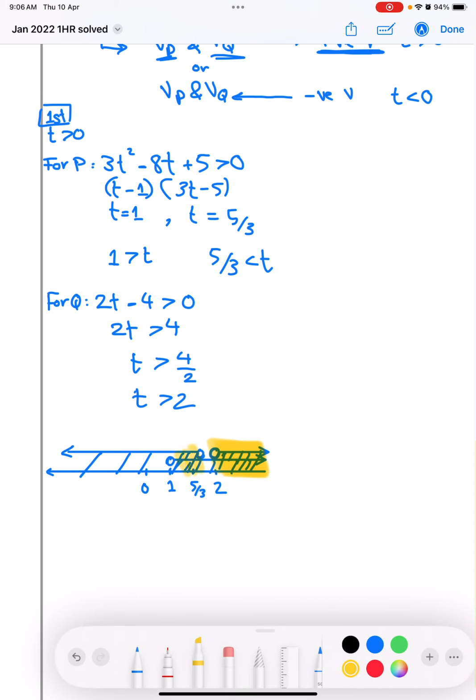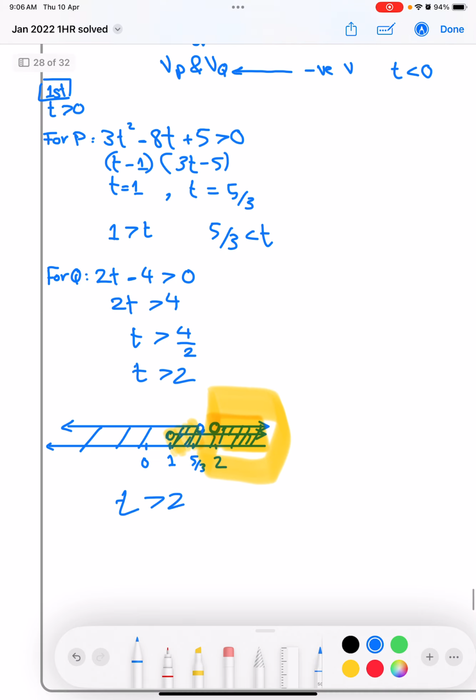However, this part is smaller than this part. So here is going to be T greater than 2. Since this part was a small shading, it didn't complete. The 5/3 is going to move like this, and only a small part is shaded, under the same line.